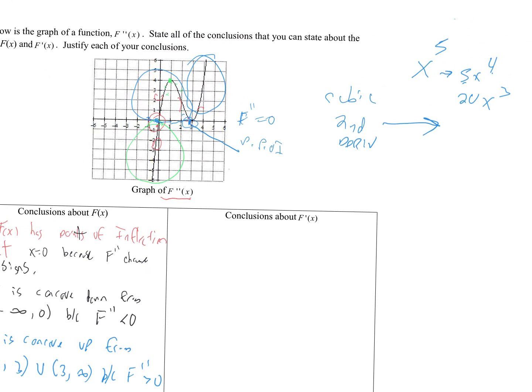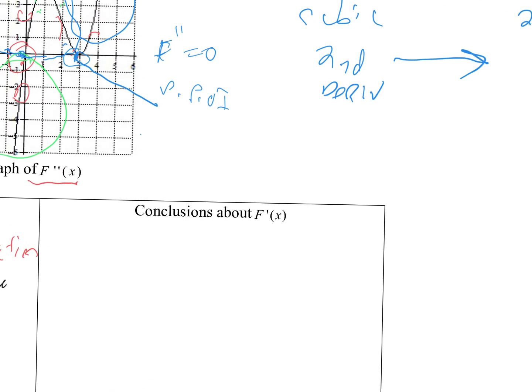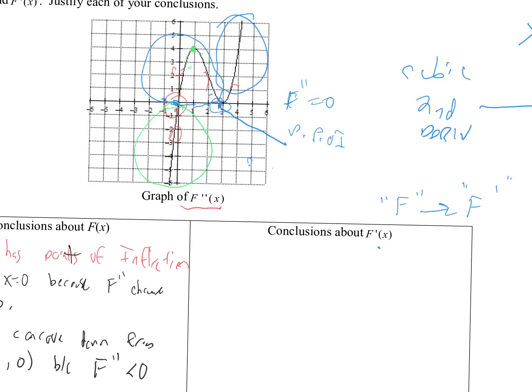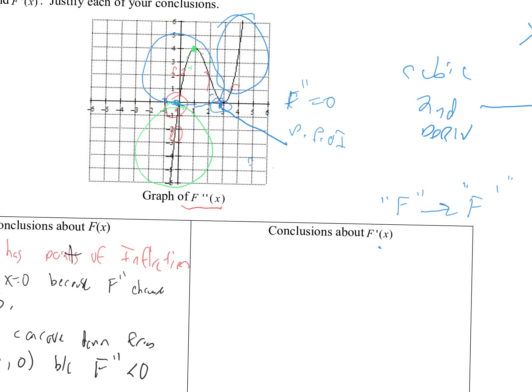So what we need to picture is that if we're talking about f prime, picture this to be a function. And then we are looking at the picture of its derivative right here. So all the things I'm going to say would be very similar to what does the picture of a derivative mean about a function.